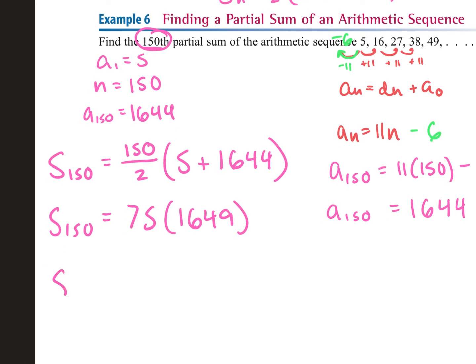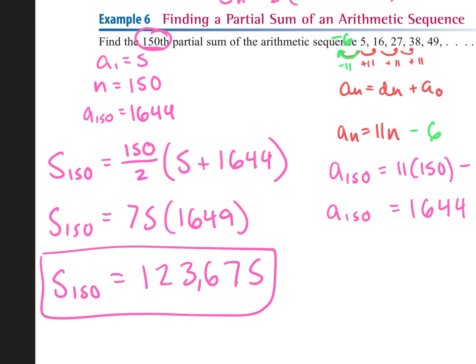What do I get? 123,675. So this would be the sum of our 150 terms. It'd be a lot more work to have to figure out what all 150 terms are, then add them all up together. So you would have to use the formula here.